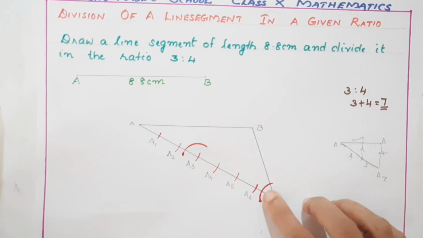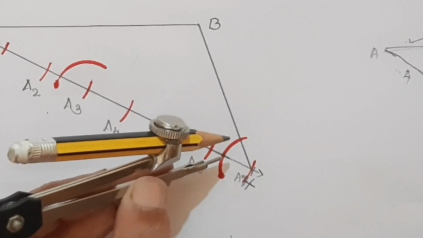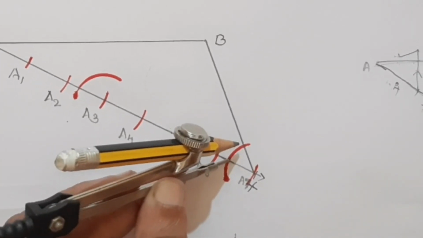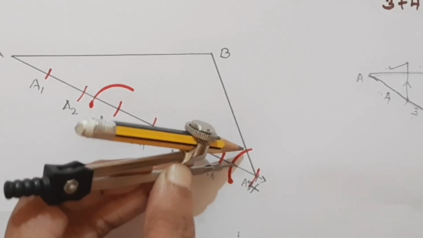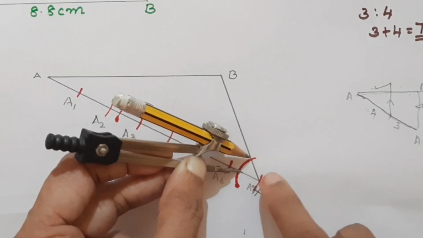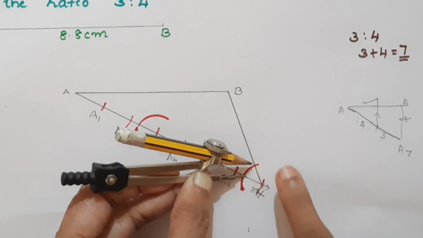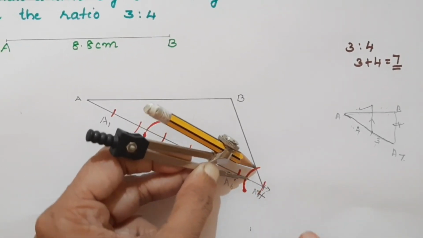So we should take this much angle in the compass. So fix the metal end point here and then take the length of this much arc. This much arc means from this point of intersection to this point of intersection, like this.